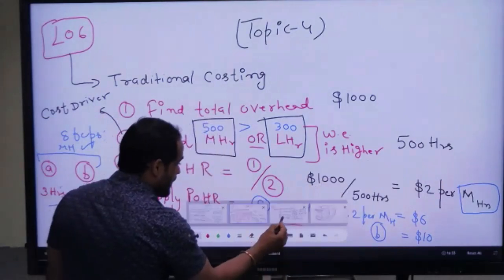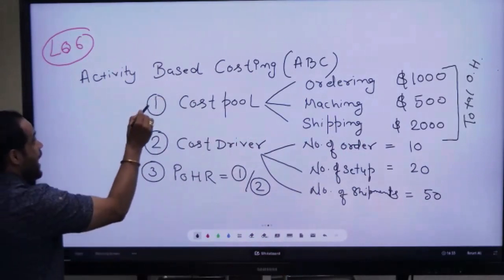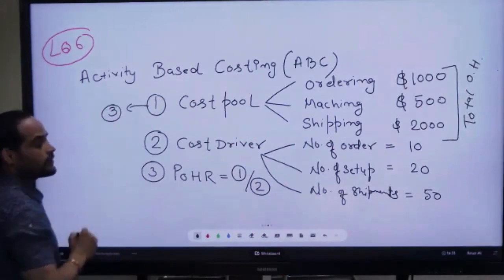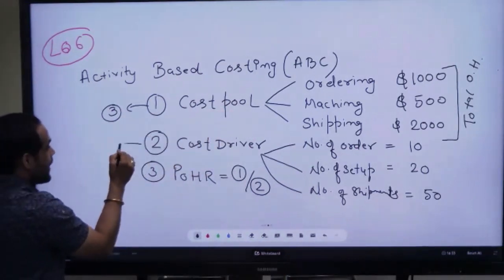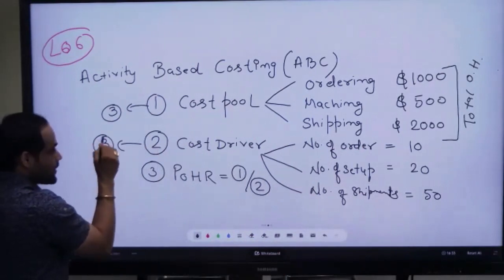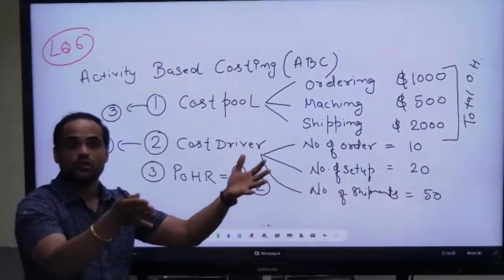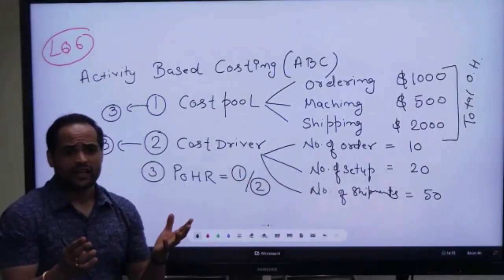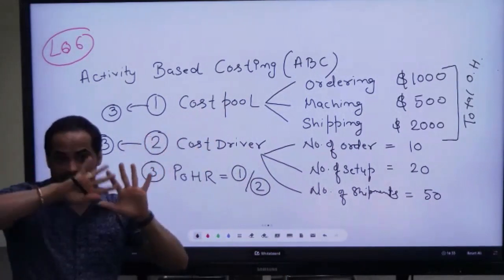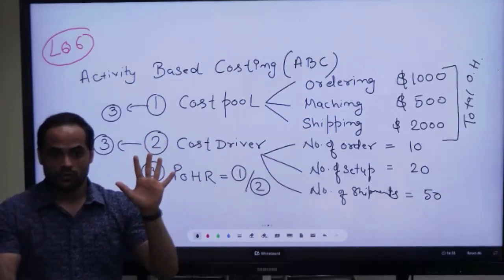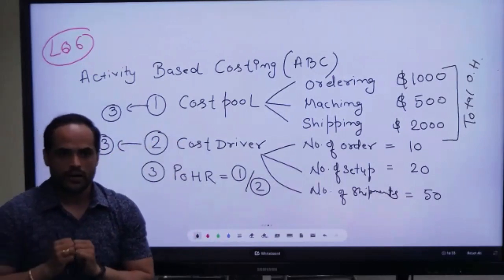But in activity-based costing, we have three pools: ordering, machining, shipments. We have three drivers, of course. If three pools, three drivers; four pools, four drivers; five pools, five drivers. It is not a case of five pools and three drivers. Five pools means there is a reason and base behind each pool.